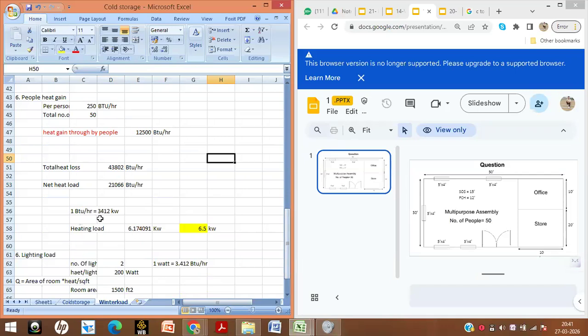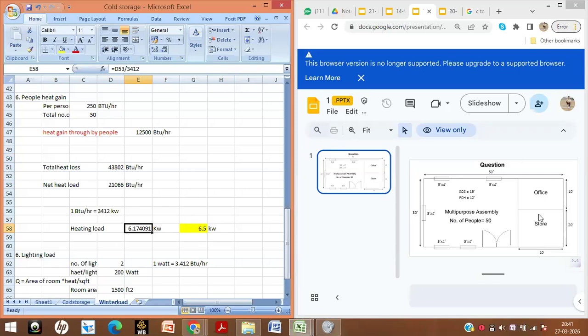So we just divided the net heat load required by this, just a unit conversion, and we got 6.5 kilowatts of heating coil required for that. So for this room, this is the maximum load required for the heating coil.